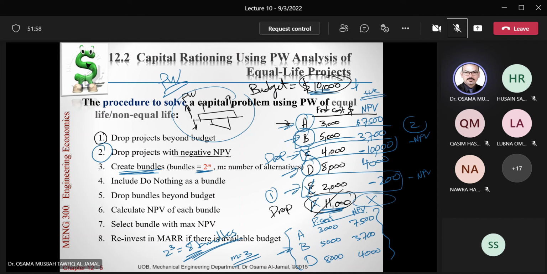Out of those bundles we are going to select only one. We have now converted it to a selection of only one thing. But each bundle can have one project or multiple projects. Now let's see the bundles. Each one of them is now considered a bundle.